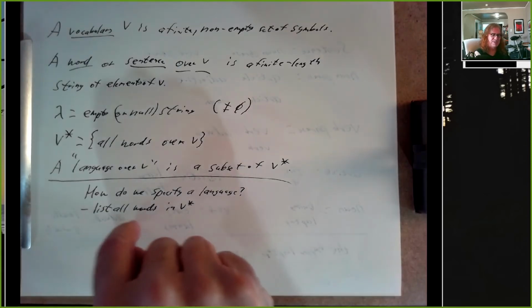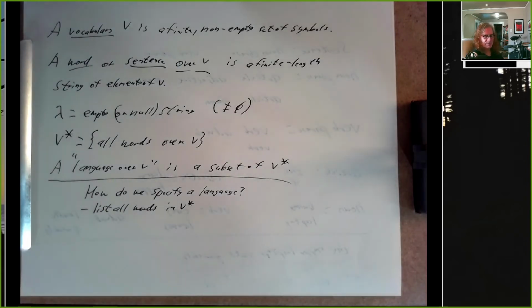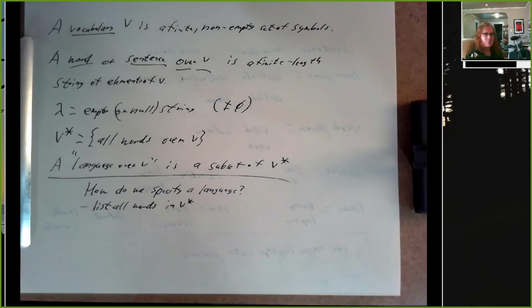But we do this in another case. This is what we do in English. This is what a dictionary is. It's a list of all the valid words in the English language. And if you're playing Scrabble, you want to know if this thing's a word, you look it up in the dictionary and say, oh no, that's not a word.